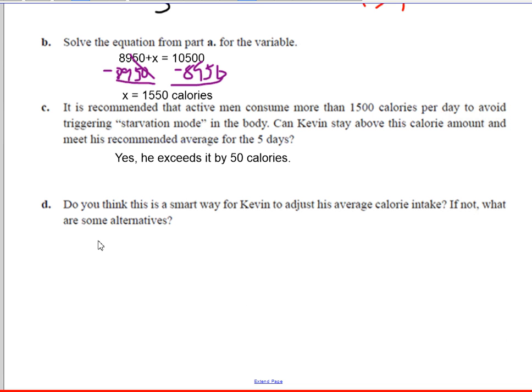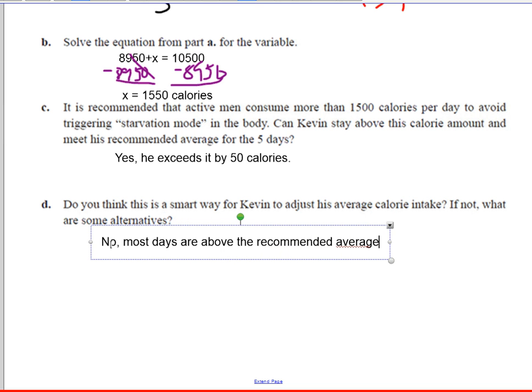Well, I say no, because he's really going willy-nilly with his calories the other days, and most days are above the recommended average, because we had Tuesday, Wednesday, and Thursday all higher than what he was supposed to be taking in on average.